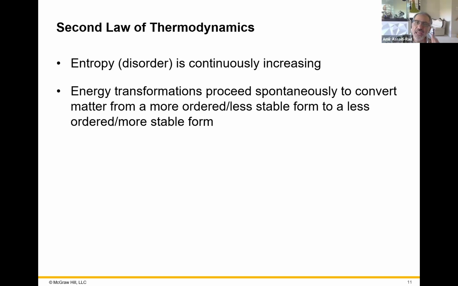It means when you are converting one form of energy to another form of energy, first law, one form becomes another form. In between, you're creating disorder in the universe. You're creating entropy, disorder in the universe.